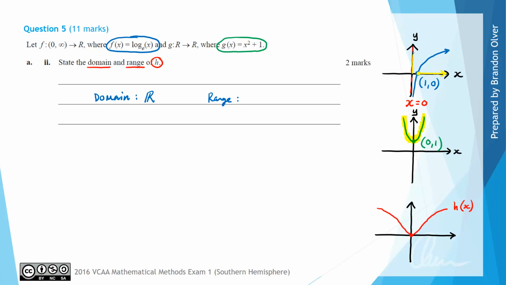So that's this range here. And using interval notation, that is 0 to infinity. So they are the answers required for part 2 of part A of this question. So that's the domain, and this is the range of the composite function.